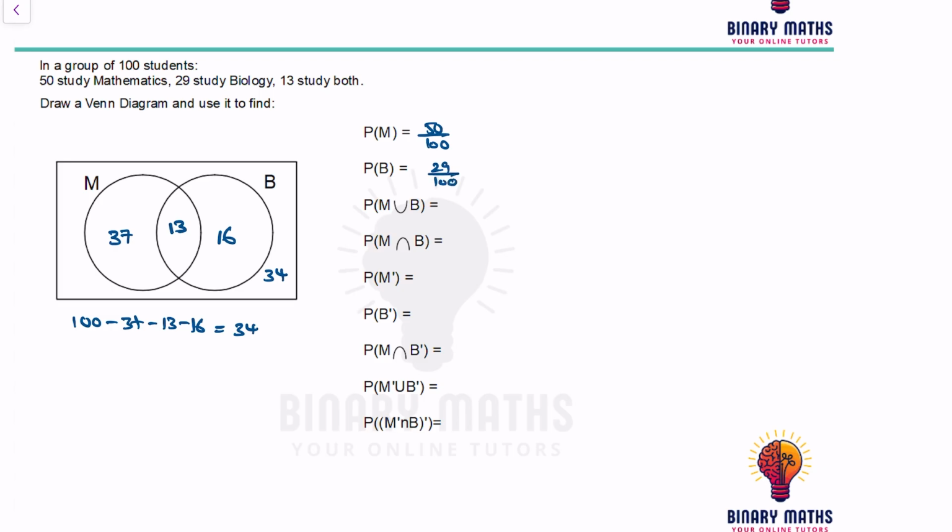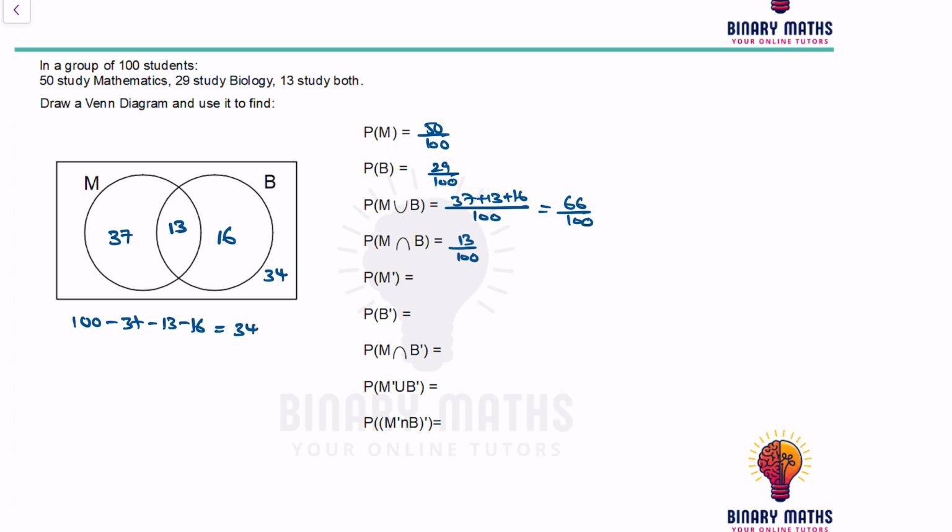Probability of M union B is everything that is maths, biology, or both, so it's 37 plus 13 plus 16 over 100, which is equal to 66 over 100. M intersect B is the part in the middle, both M and B, so it's 13 over 100.